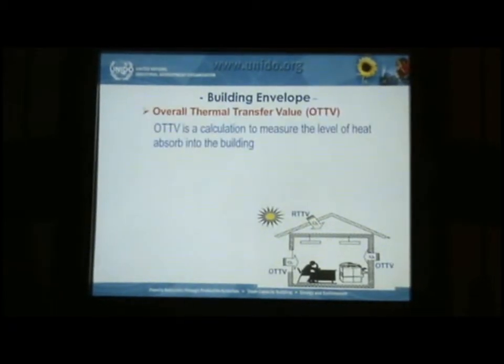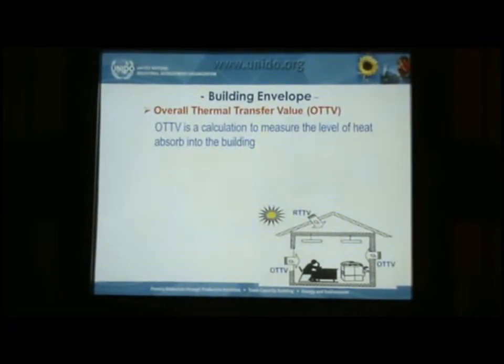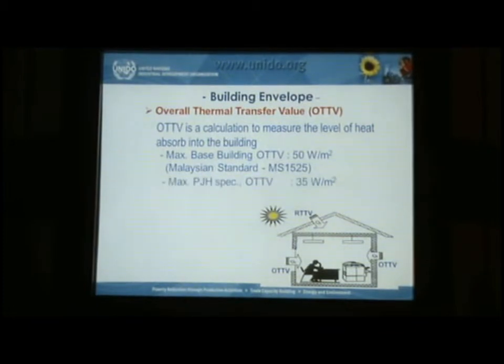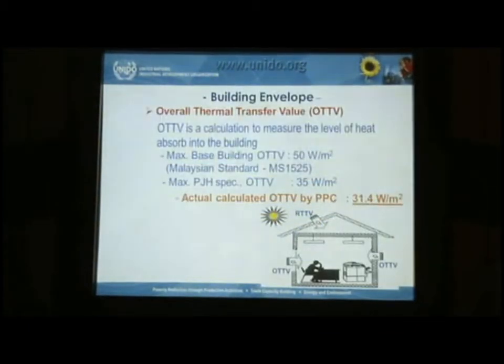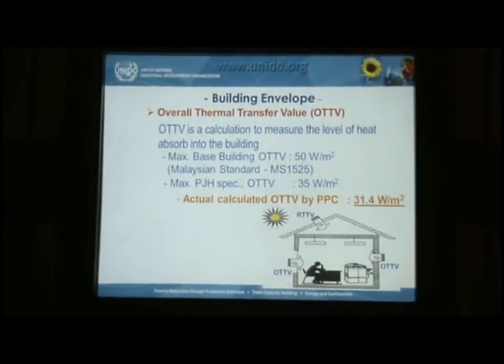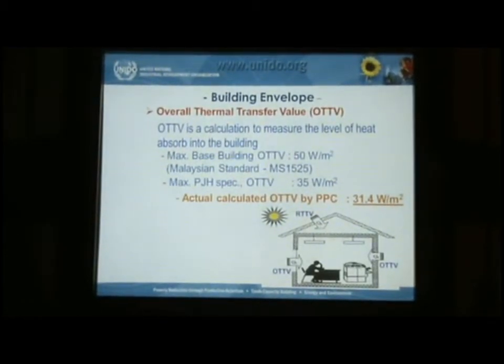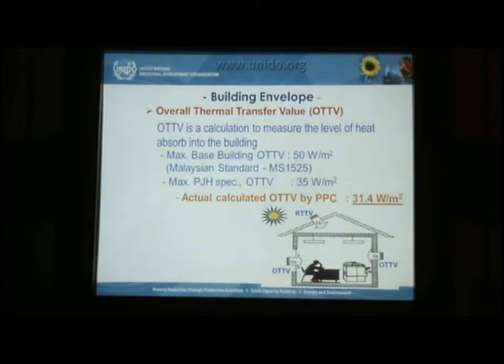Then we have what we call the OTTV, which is quite well deliberated in the codes. In the OTTV, the base building OTTV is 50 watts per meter squared. In 2001, it was put as 45, but in 2007, it is revised to 50.